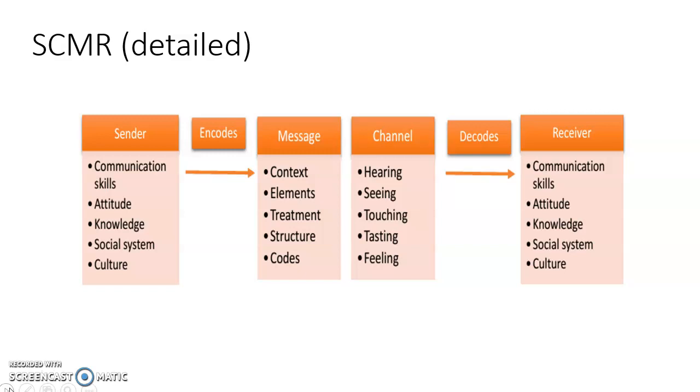He encodes his message by sending you an email, and in it, he gives an instruction. He says, you need to write this report. And you, as the receiver of that, will read what he's written, and you will decode it.